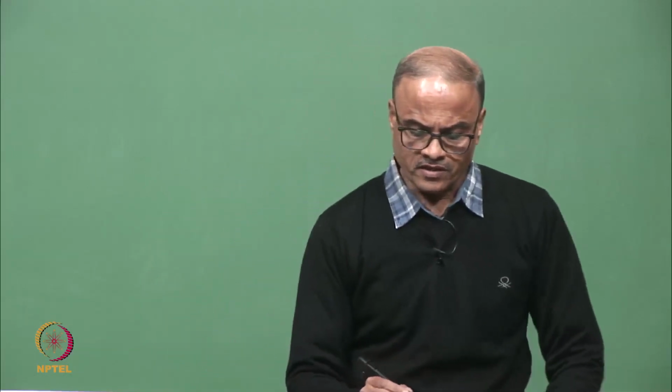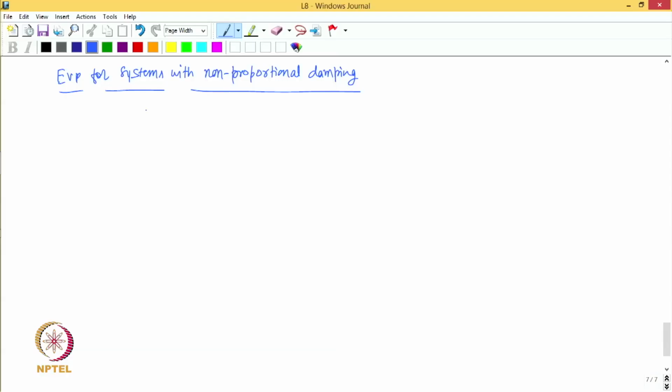So, in this case, again we can solve the eigenvalue problem, which does not change, and let us restate the eigenvalue problem, which is k plus i h, x naught is equal to lambda m x naught.